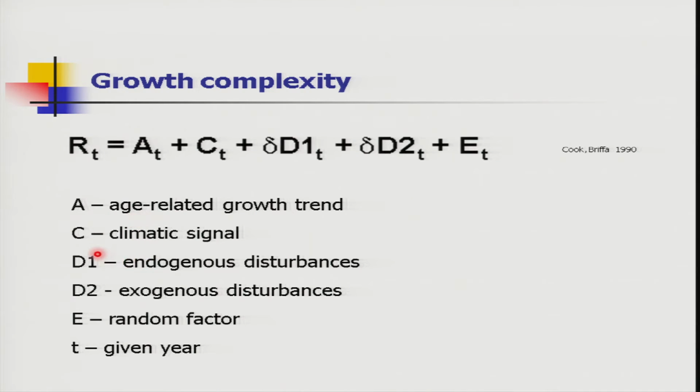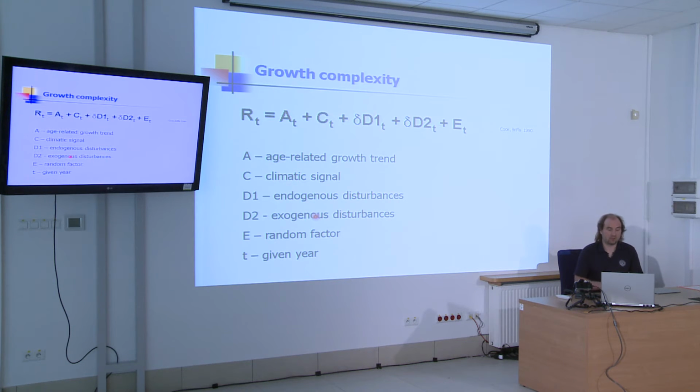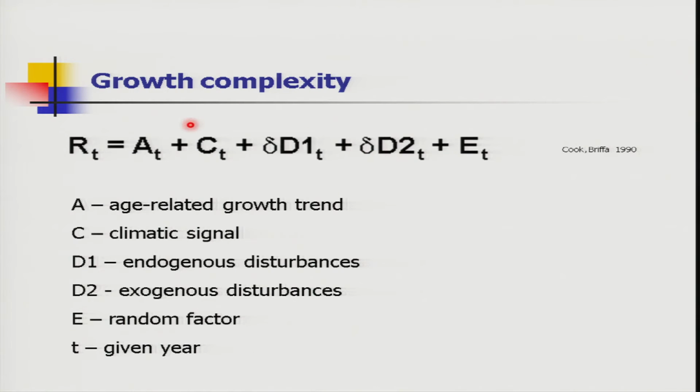But other disturbances or other factors, either endogenous or exogenous, so happening within the plant or outside of the plant but influencing it, also have a substantial role in the final product, which we call the tree ring.